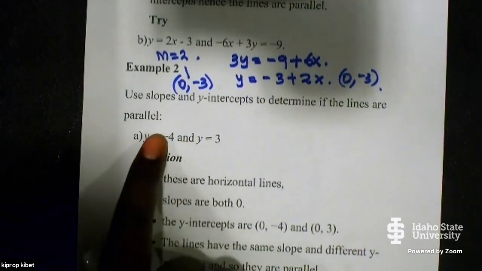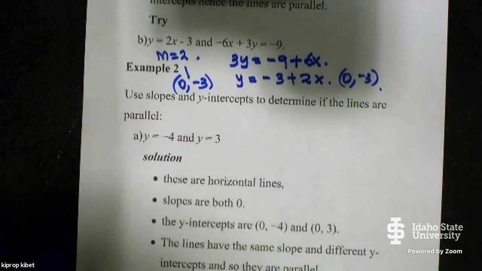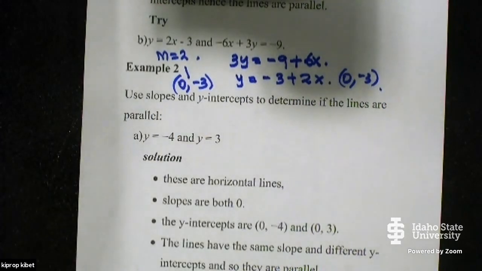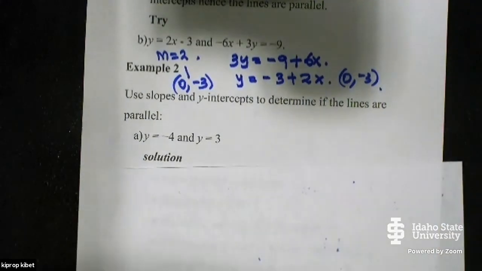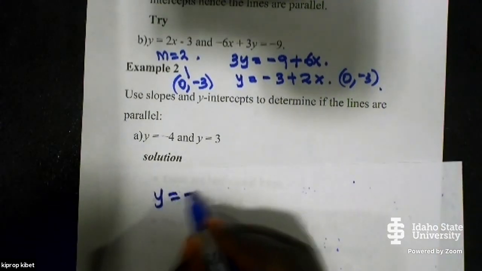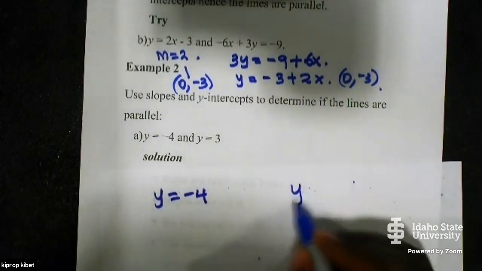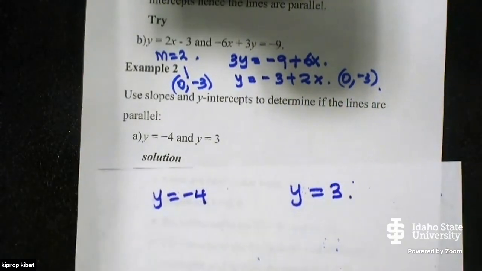All right, so use the slopes and the y-intercept to determine if the lines are parallel. So y equals minus 4 and y equals 3.